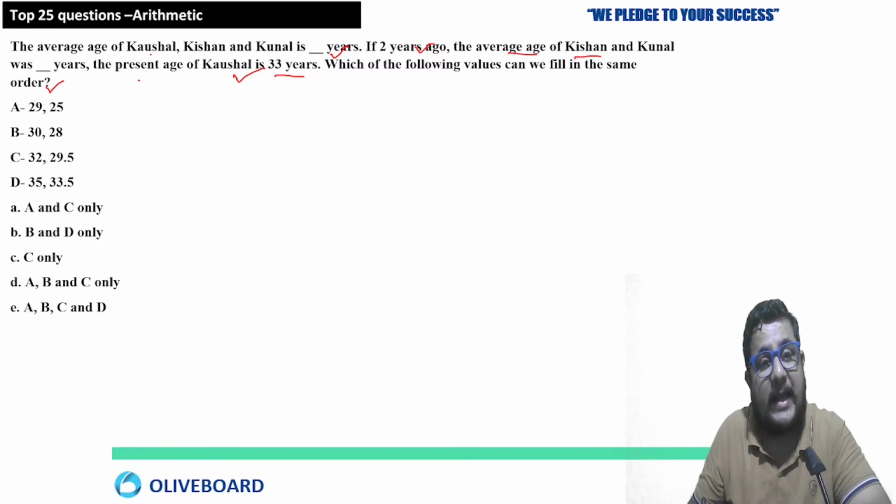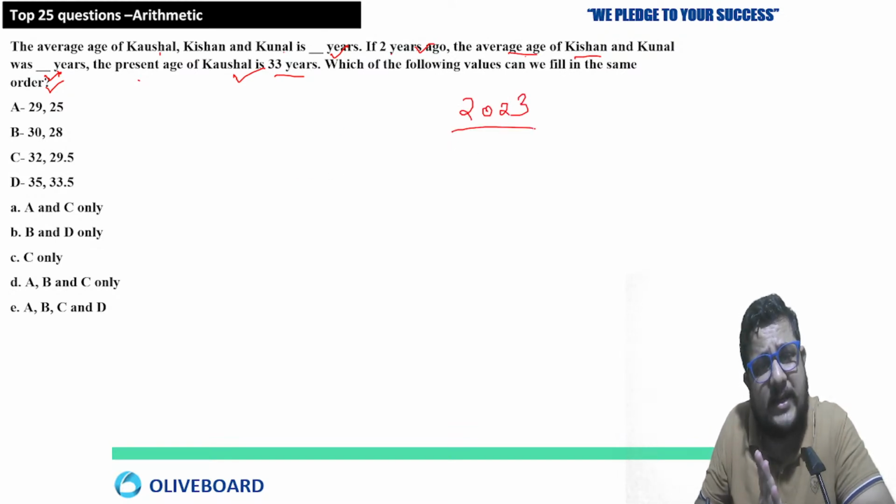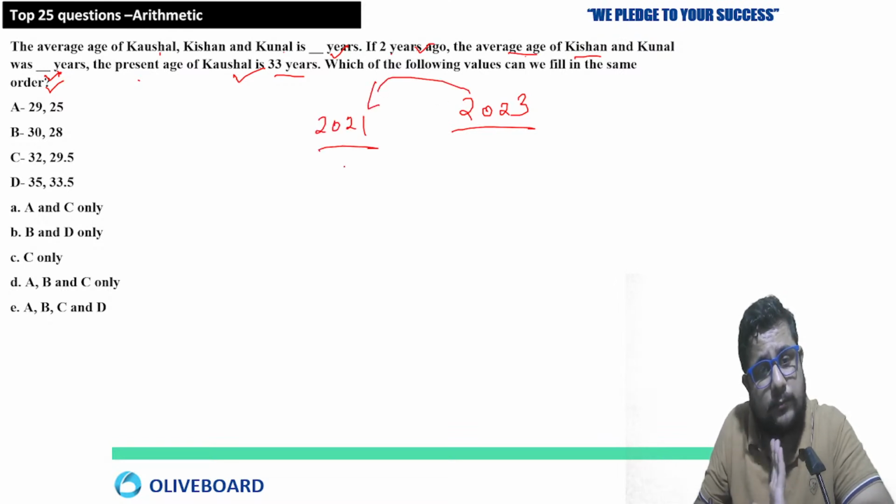See now, it is based on age. The average age of Kaushal, Kishan and Kunal is dash years. We don't know. 2 years ago, the average age of Kishan and Kunal was dash years. So we can assume that present means 2023, and 2 years ago means 2021.